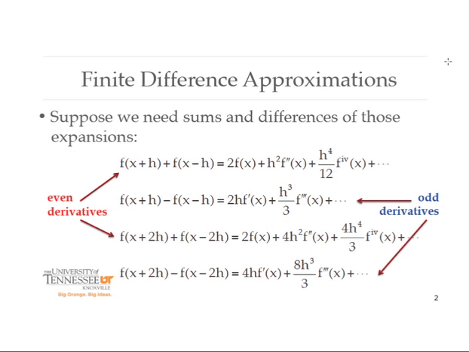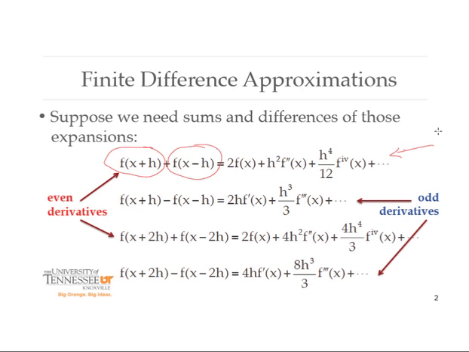Now, what's interesting is if you take combinations of those expansions, the forward and the backward. Again, just so we understand the notation, if we were to take the forward expansion, which had this as the left-hand side, and then we took a corresponding backward expansion involving f of x minus h, and if you went back to the previous slide and you added those two expansions, the two right-hand sides together, this is what you would get.